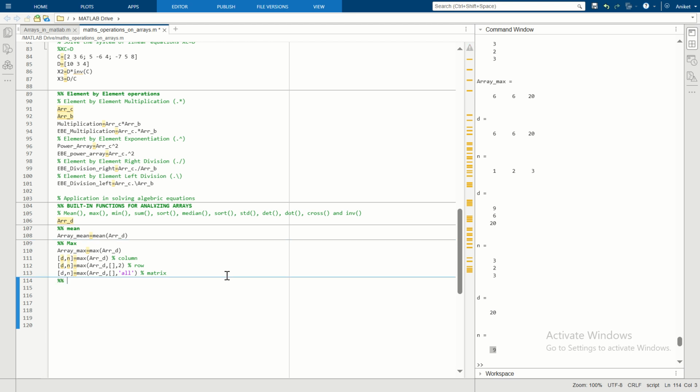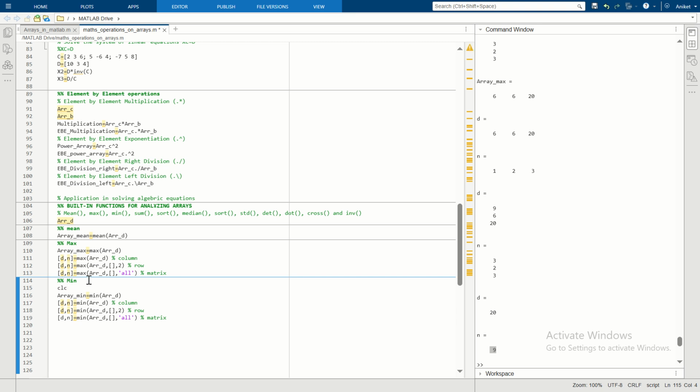In a similar way we can work with the minimum command, min. You just have to replace this with min, and it will work the same way max is working.